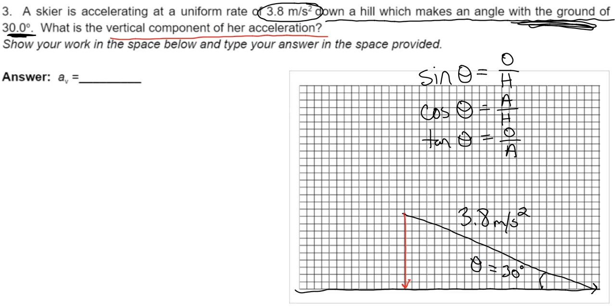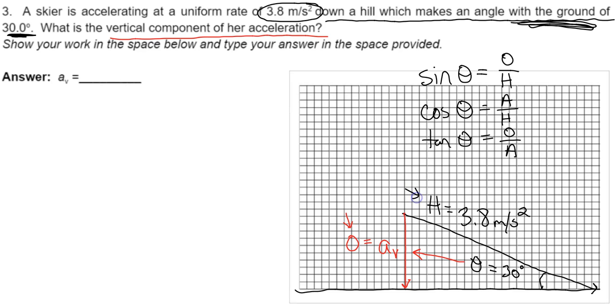We know that our hypotenuse is the 3.8 meters per second squared. And the component that we're looking for, the vertical acceleration, a sub v, is opposite of angle theta. So our opposite side is the acceleration in the vertical direction.